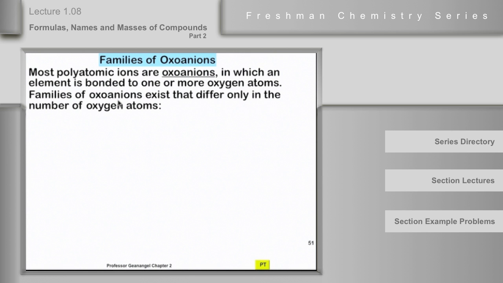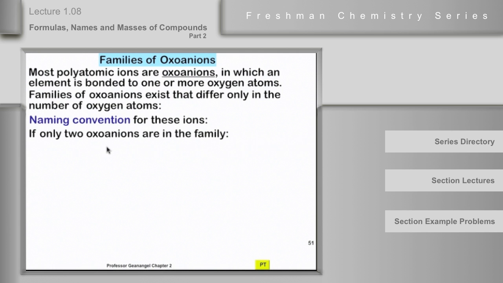So the families of oxoanions, as it says here, are different in terms of the number of oxygen atoms. To talk about this, suppose there are only 2 oxoanions in a particular family. They're almost all 2 or 4. I can't think of one offhand that's other than 2 or 4, or in some cases it's 1.